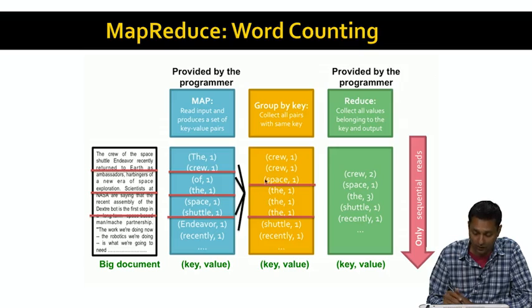Right? So all instances of the word, whether it started from map node 1 or map node 2, ended up at reduce node 2 in this case. And all instances of the word crew, regardless of whether they started from map node 1 or map node 4, ended up at reduce node 1.